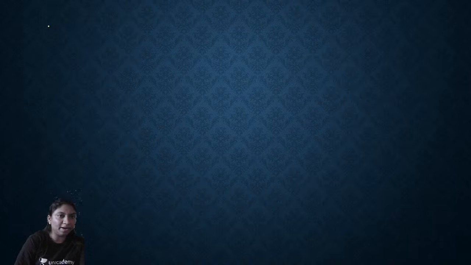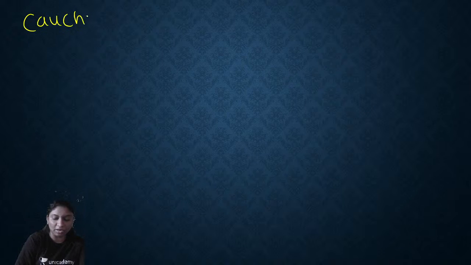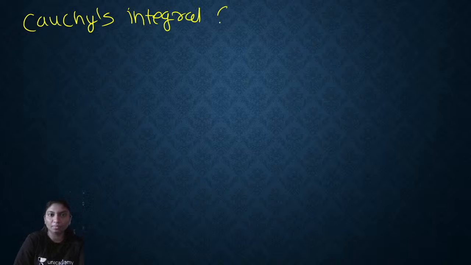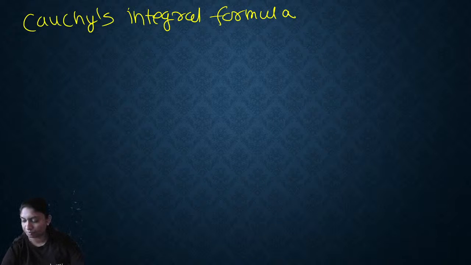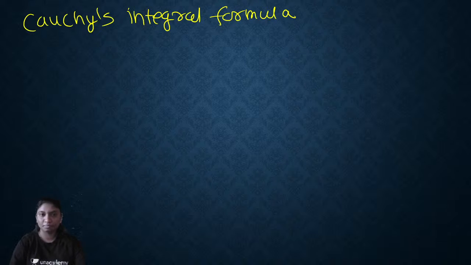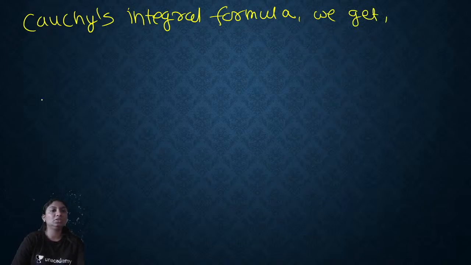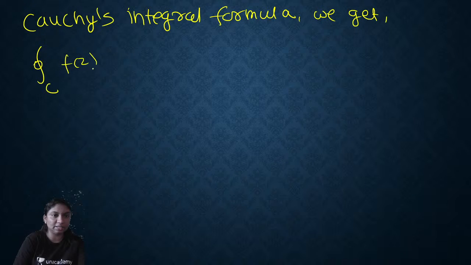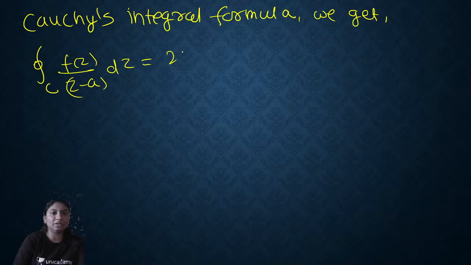So here, by Cauchy's integral formula, we will get the integral over C of f of z upon z minus a dz is equal to 2 pi i into f of a, right?